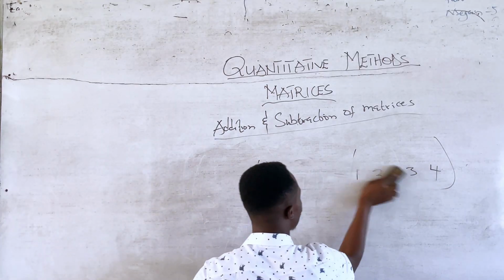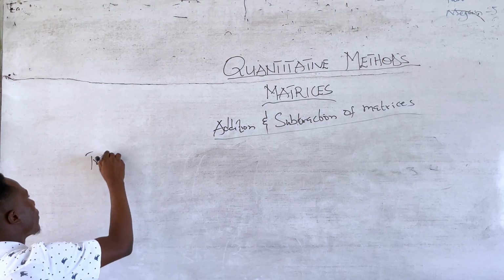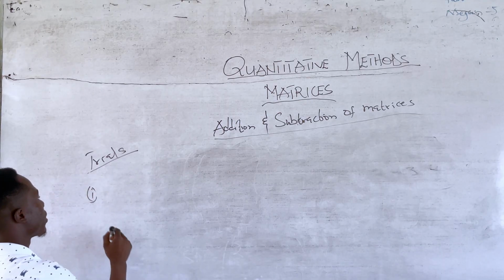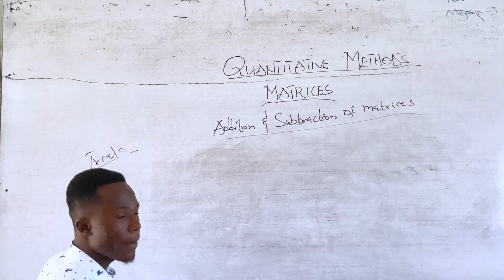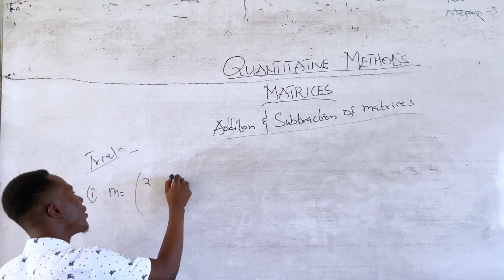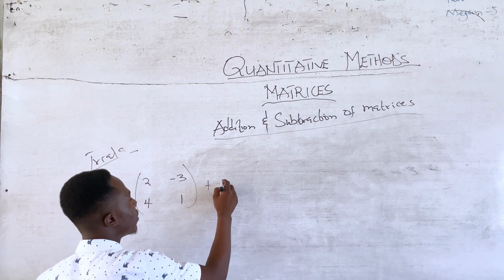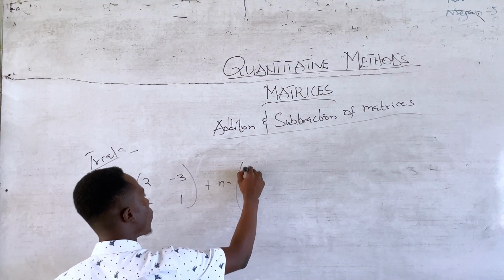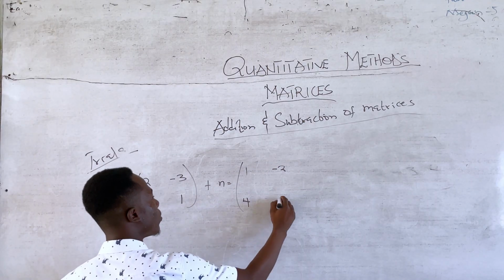Try this one, just 2 questions, addition and subtraction. You have matrices M and N. M equals 2, negative 3, 4, 1, and N equals 1, negative 2, 4, 3.